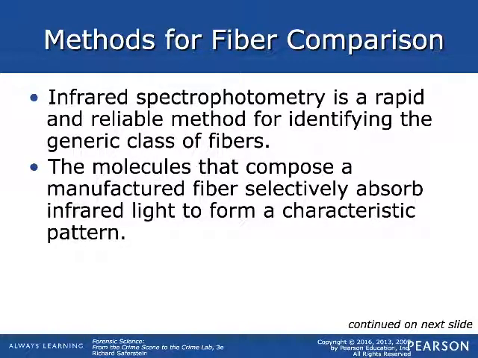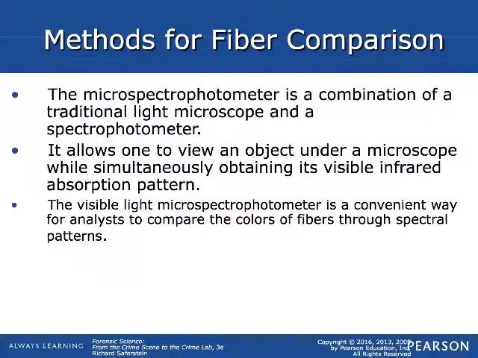Okay, now infrared spectrophotometry is a way to identify generic classes of fibers. The molecules that make up manufactured fiber absorb infrared light differently, so you can compare the way that they absorb the light to determine what they are. This thing is called a microspectrophotometer.